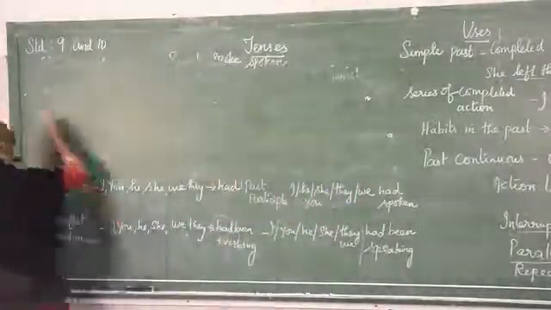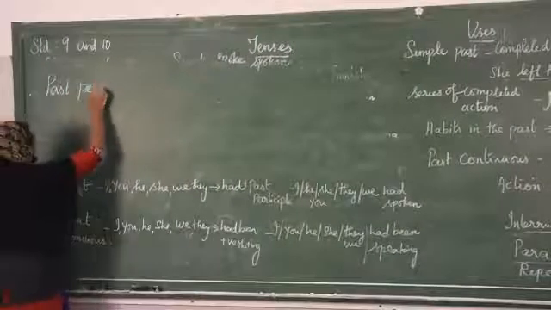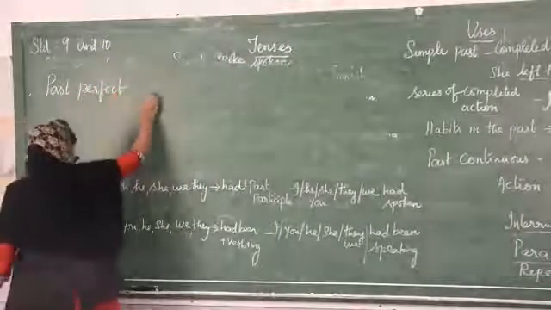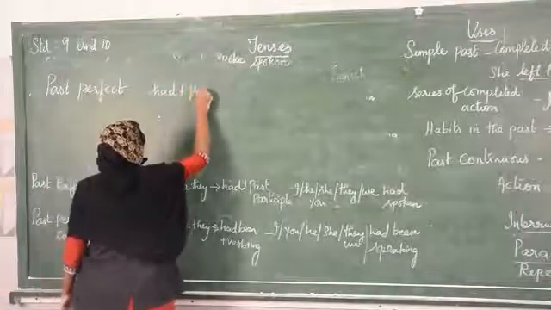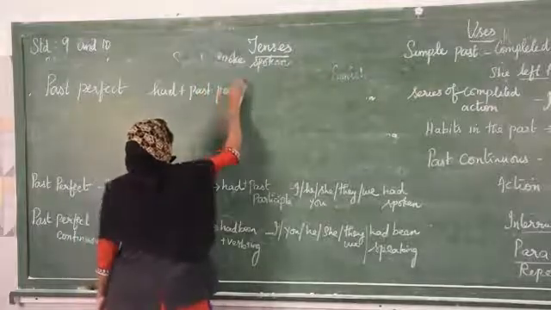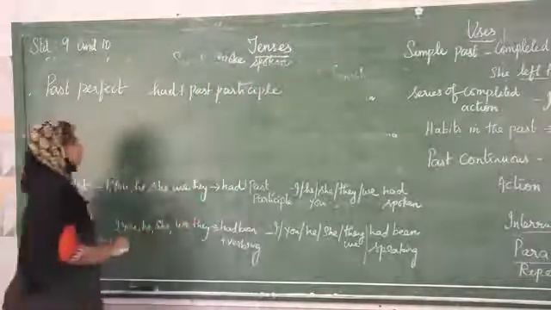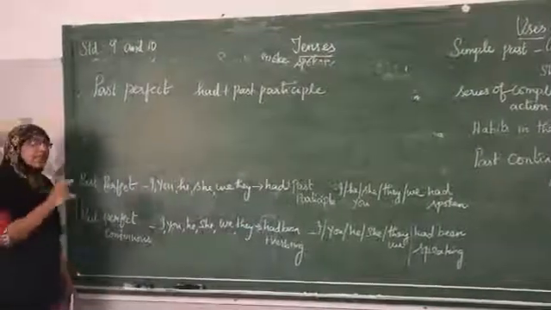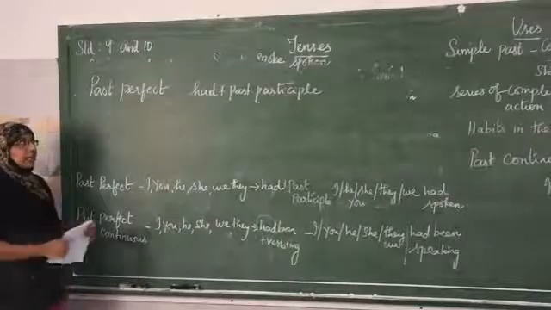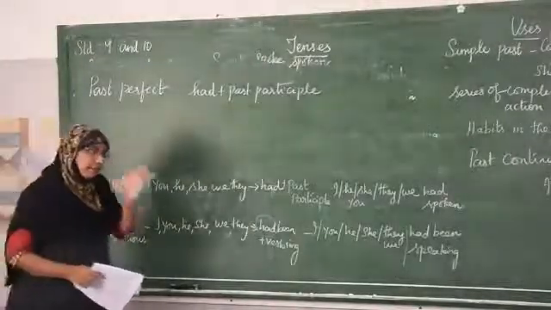Now what is this past perfect tense? What is the formation of past perfect tense here? Had plus past participle. And here this past perfect tense refers to an action which had taken place earlier in the past, and time will not be mentioned there.